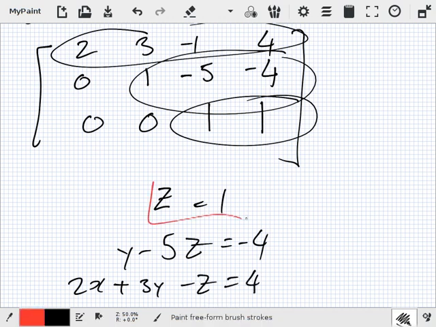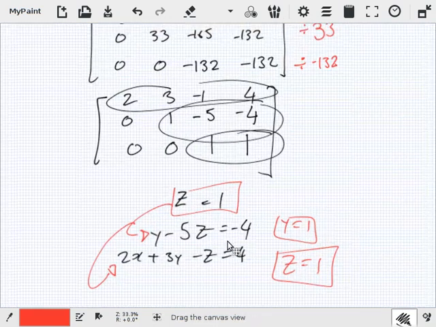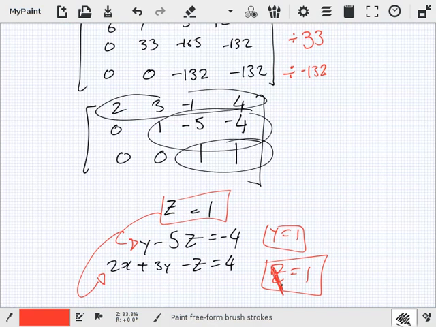Now if z is equal to 1, I can put that in there and I get y is equal to 1. And if z and y are both equal to 1 and I put in that, I get 4 minus 5 is minus 1, minus z equals minus 1. So x equals 1. So my answer is 1, 1, 1. The easiest one I could do in my head.